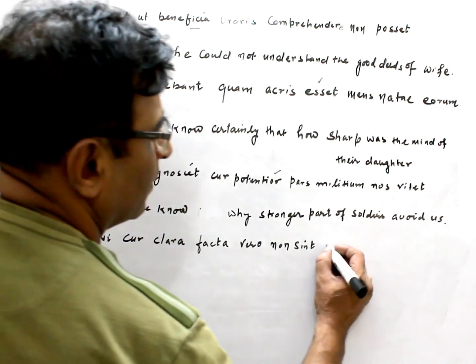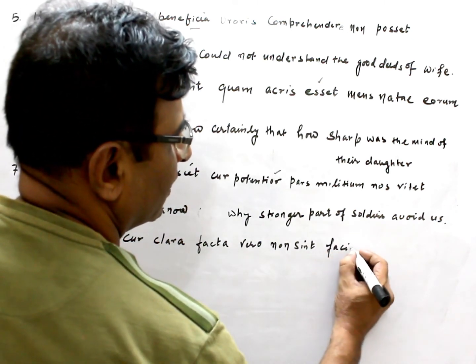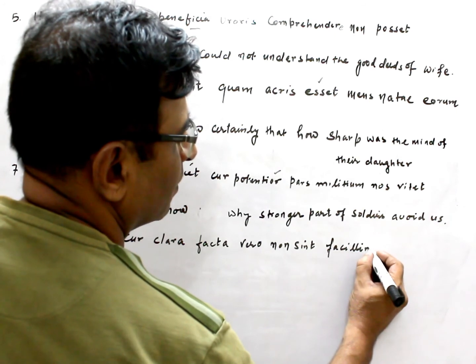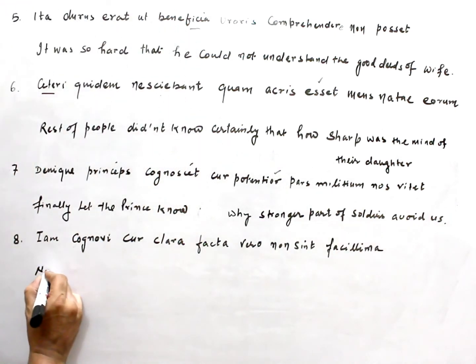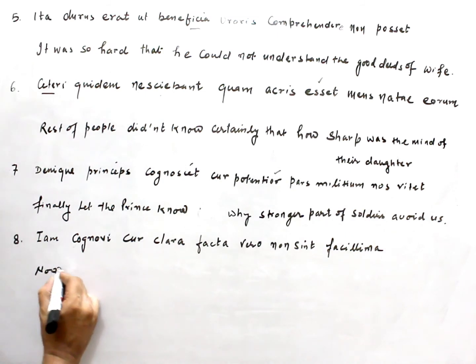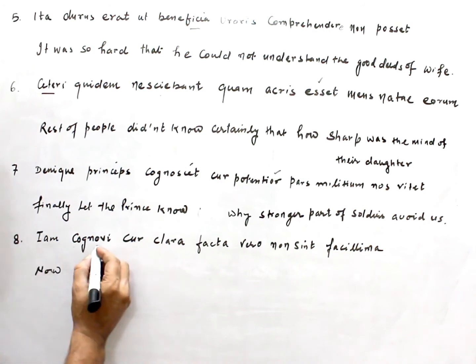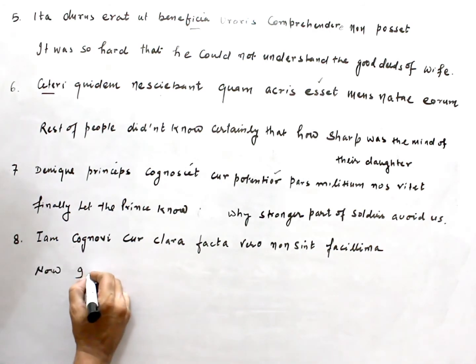Facilima. So iam means now. Now I knew or I have known.